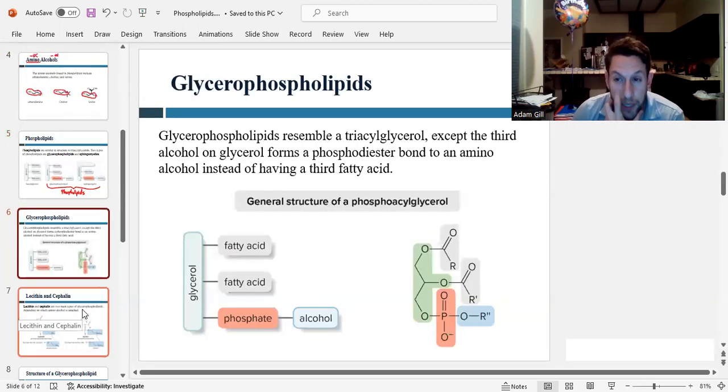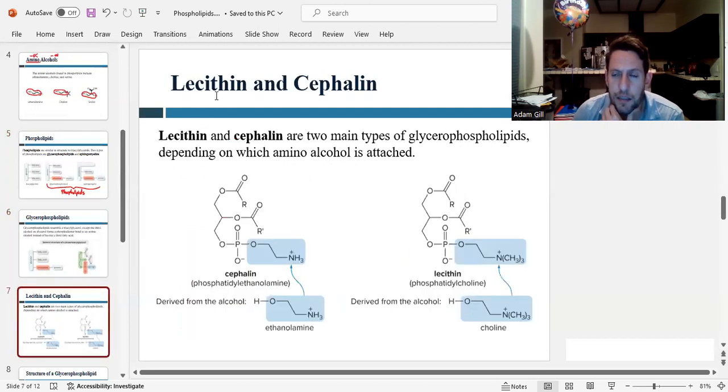Now, there are two main types of glycerophospholipids, lecithins and cephalins. And the only difference between a lecithin and a cephalin is which amino alcohol is attached. If you use an ethanolamine, it's known as a cephalin. If you use choline, it's known as a lecithin.